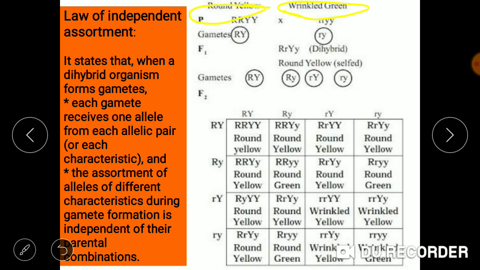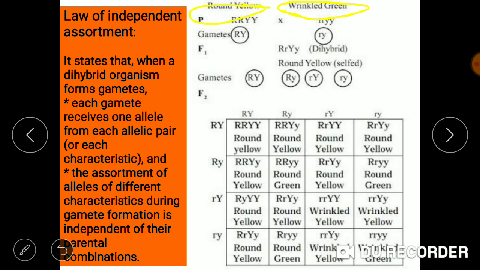One character defines the appearance of the pea, whether it is wrinkled or round, and the other defines the color, whether it is yellow or green. So these two characters are taken into consideration. That is why we can say that it is a dihybrid cross.